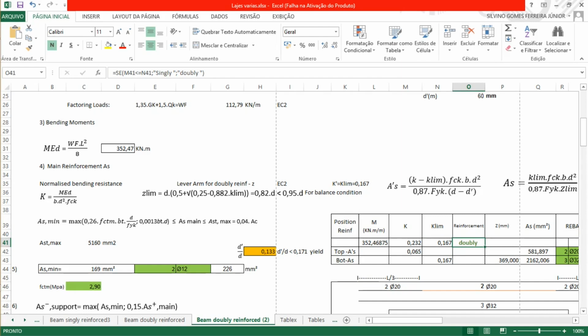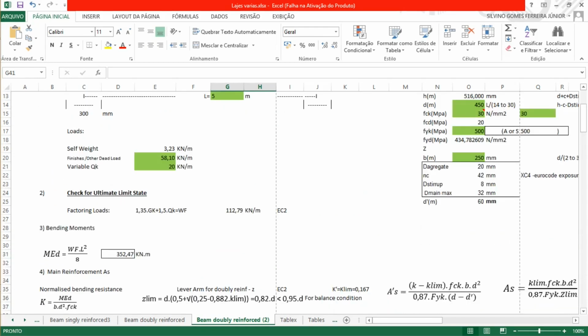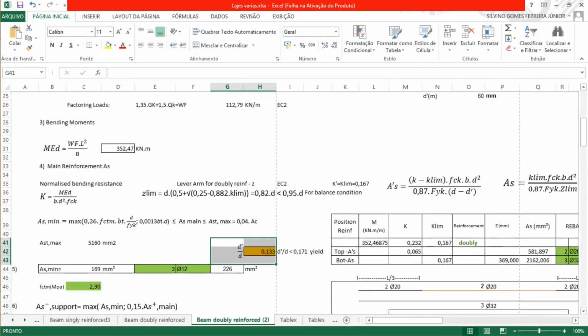It will have longitudinal bars on the top and on the bottom. And for that we can get from this equation another piece of information, the D prime divided by D. D prime 60 divided by D 450 gives us 0.133.